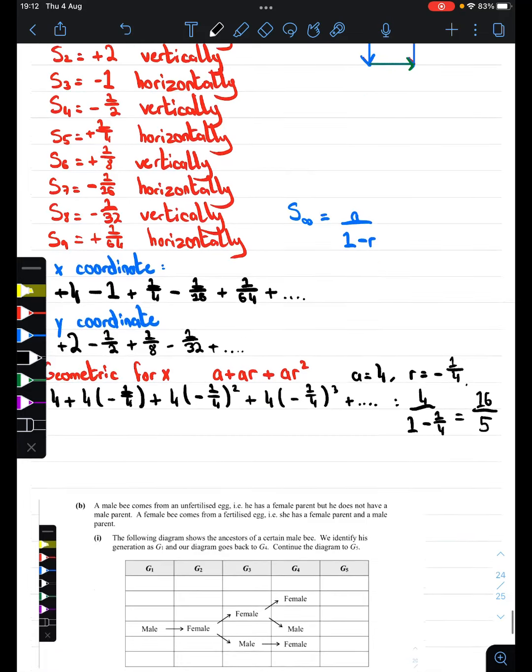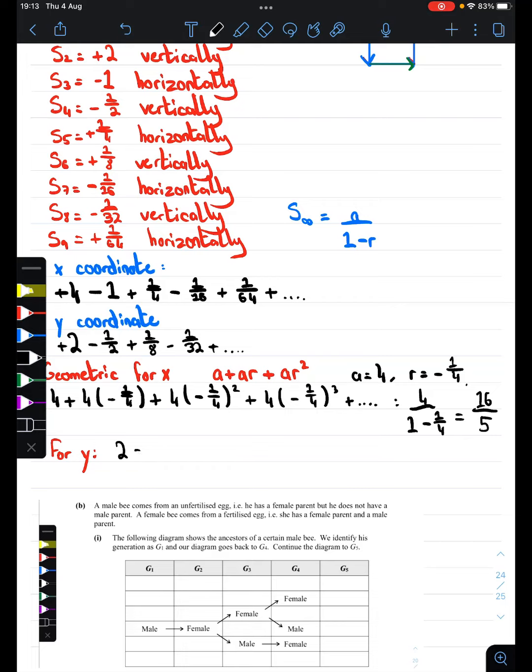Okay, and now for the y-coordinate, let's try and do something similar. Again, we're looking for a plus ar plus ar squared. The first term is 2, and the second term is minus 1/2.